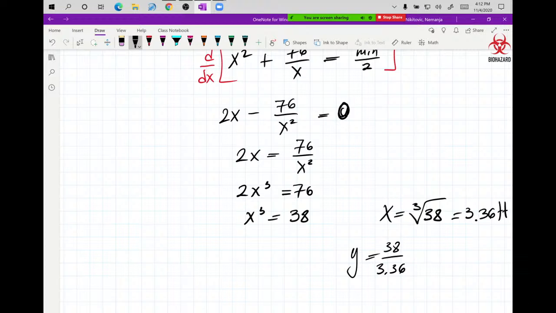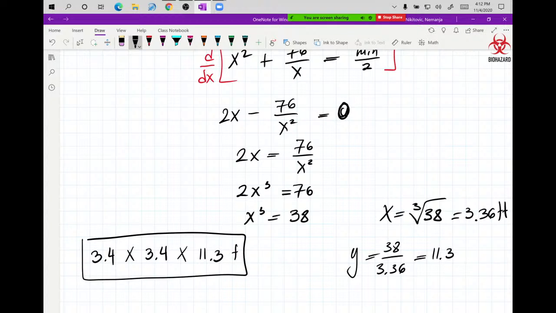So 38 divided by, I'll just use the second answer, to get about 11.3. So the dimensions are, let's call this 3.4 by 3.4, because of the square base, times 11.3 on the height.